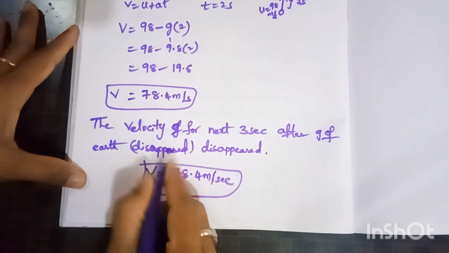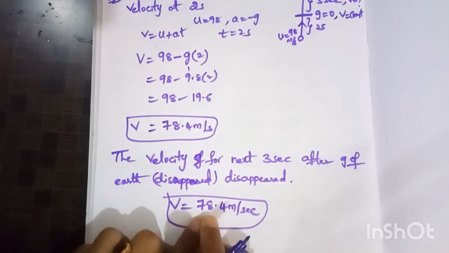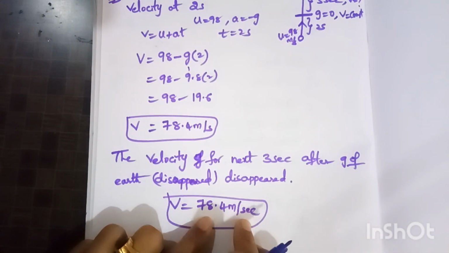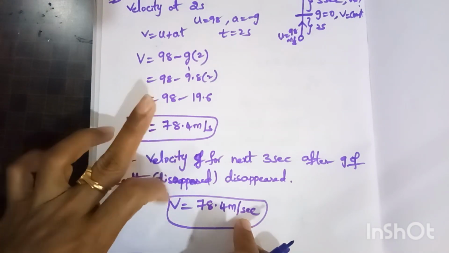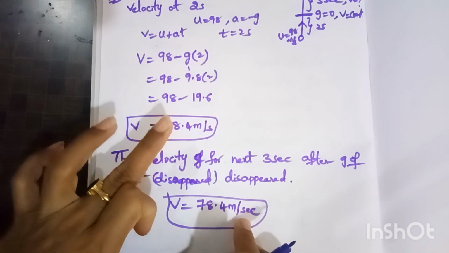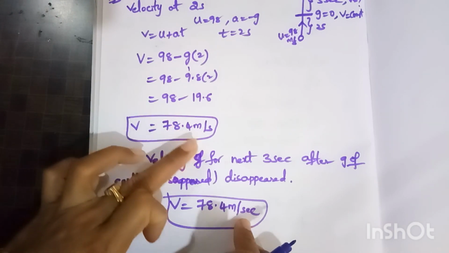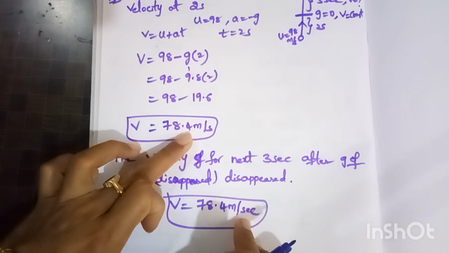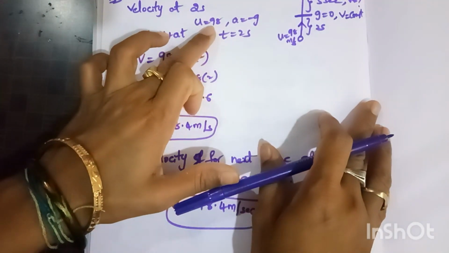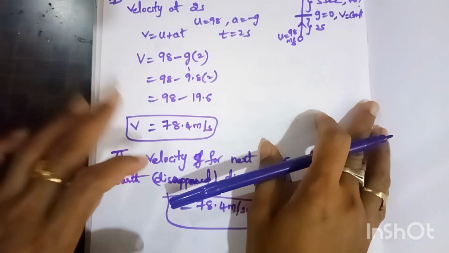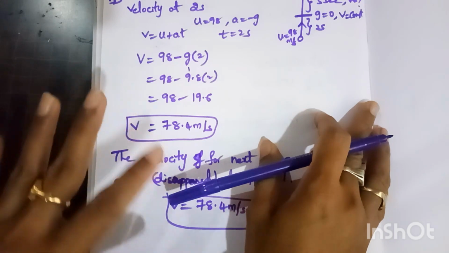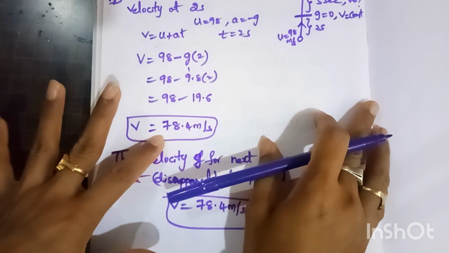Why am I taking v equals 78.4 meter per second? Because for the first 2 seconds, the object moves with a final velocity of 78.4 meter per second from an initial velocity of 98 meter per second. When g becomes 0, the final velocity becomes constant.